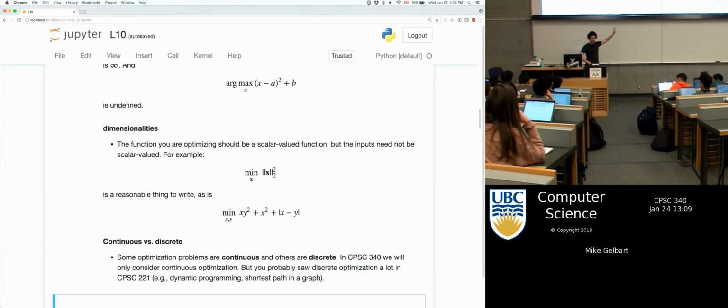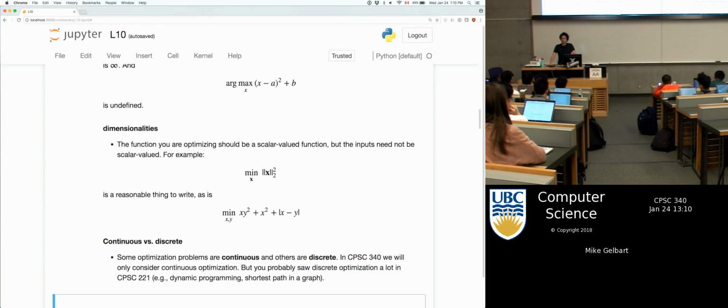Continuous is what we were talking about earlier. x is some real number. Make the thing as small as possible. But often x can be discrete. For example, x could be a binary vector. Each value can only be 0 or 1. Or some other discrete situation, integers, categories, all that kind of stuff.